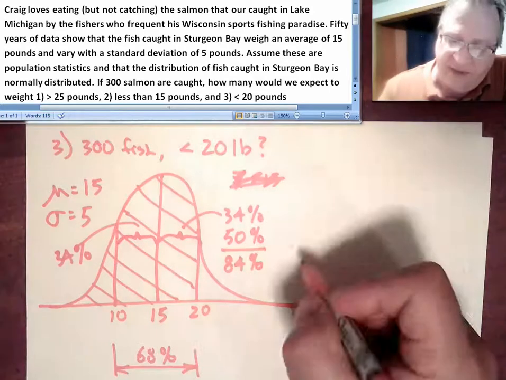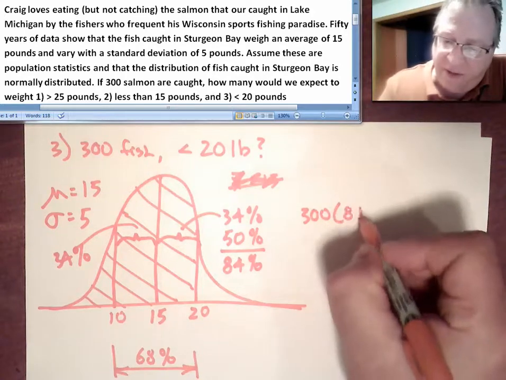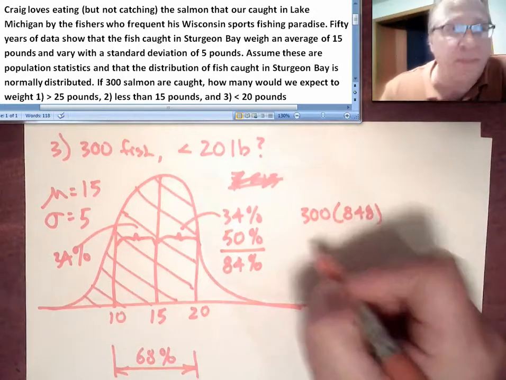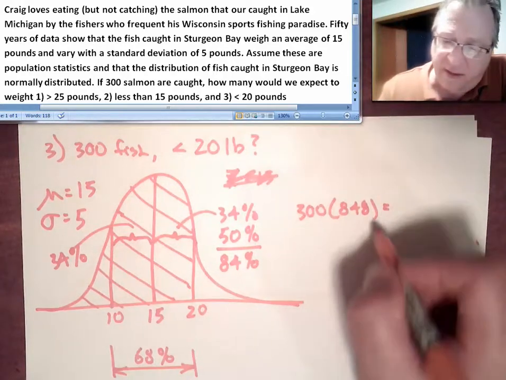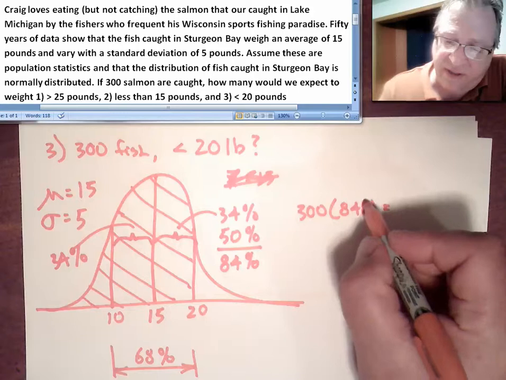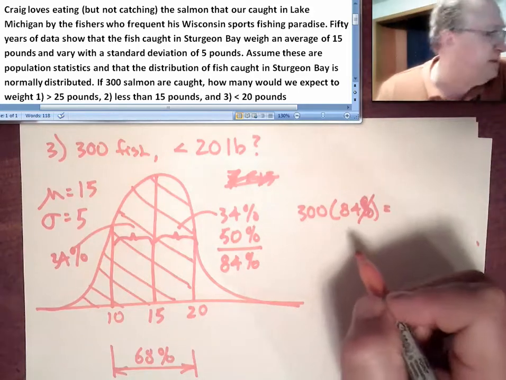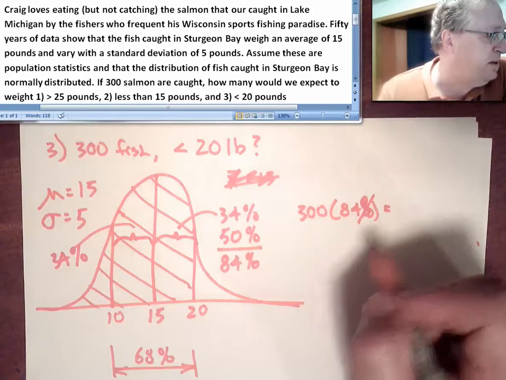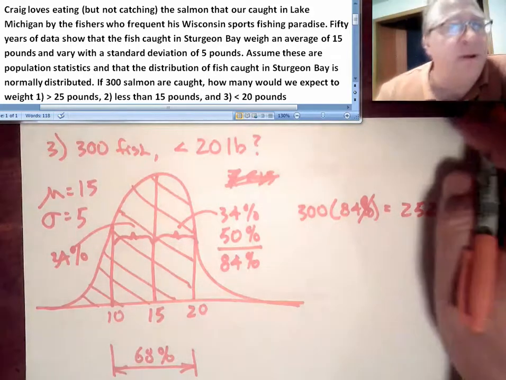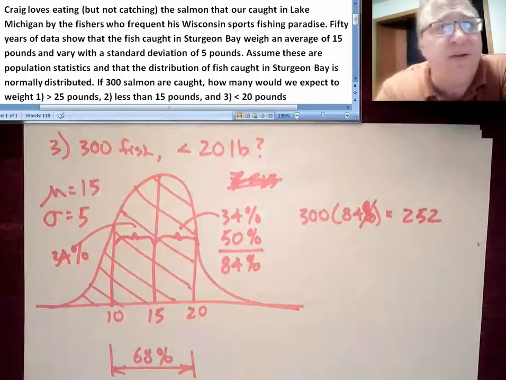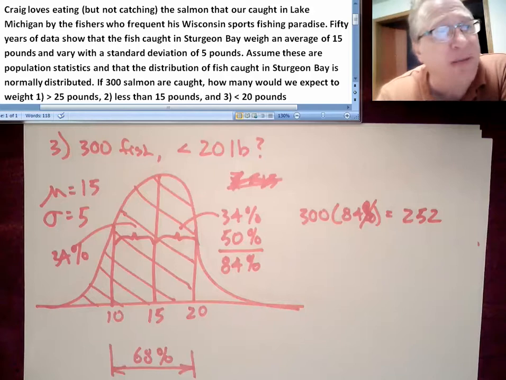And when we take 84% of our 300 fish, 84% of 300, we get 252. Of the 300 fish caught, we would expect 252 to weigh less than 20 pounds.